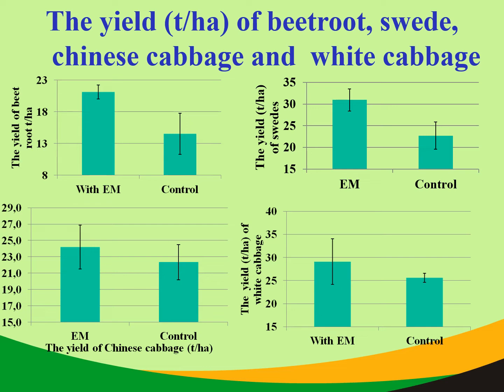With EM and control, you can see EM treatment always on the left hand side and control on the right hand side. The yield of beetroot increased in EM treatment and in swedes also. The yield of Chinese cabbage and white cabbage were not statistically different.